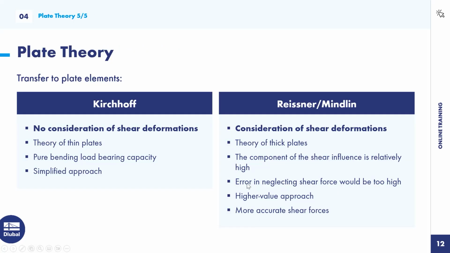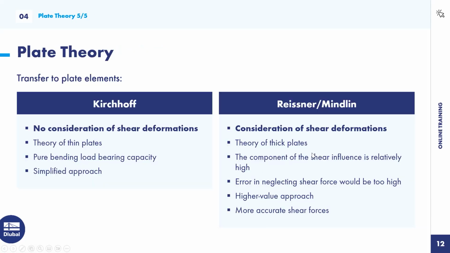Here it's phrased a little bit differently. It says if we would use the Kirchhoff theory, we would have an error in neglecting shear force. That means we need to use this, because the error would get too high with the neglect if we don't use it.